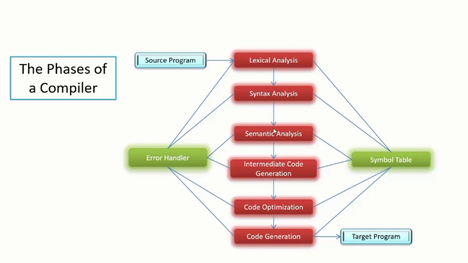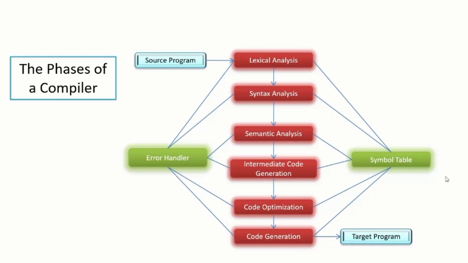Then the parse tree is given as input to the semantic analyzer. The semantic analyzer verifies the parse tree semantically. Then we generate the 3-address code using intermediate code generation. After that, we reduce the code using code optimization. And finally, we convert to the target machine code using the code generation phase.